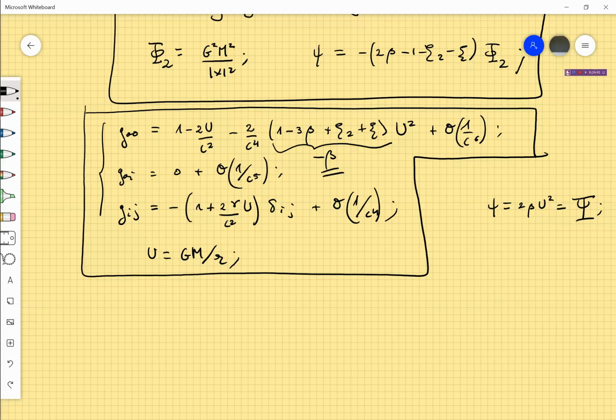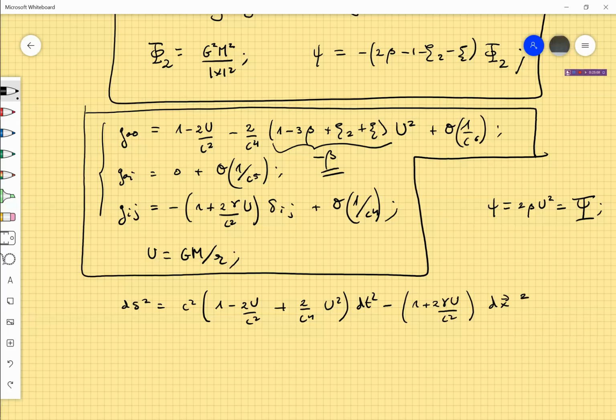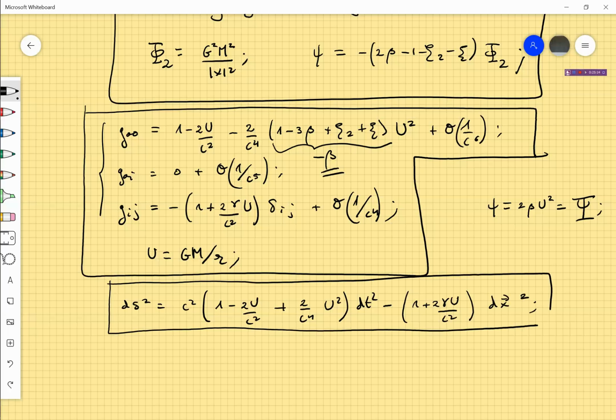If I write this in the standard way, it takes this form: plus 2 divided by c^4 u squared dt squared minus 1 plus 2 gamma u divided by c squared dx squared. Okay, this would be the line element that we are considering.